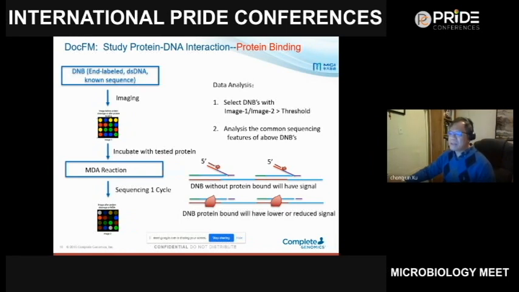Typically, if no protein is binding to the DNBs, we will generate the second strand and have the sequencing signal for the second strands. If some proteins are binding to the DNBs, then we're not generating good second strands. So this will be identified by the image 1 versus image 2 intensities.